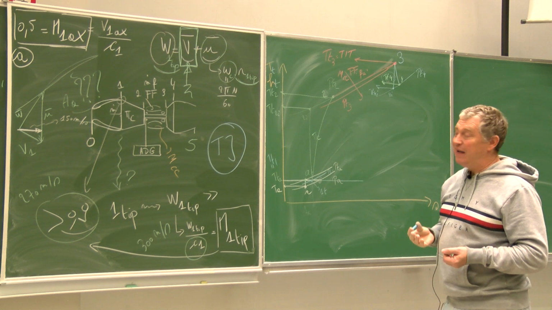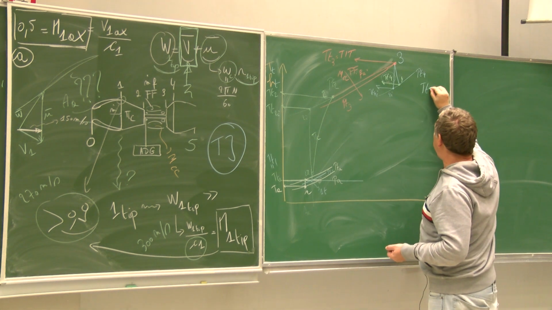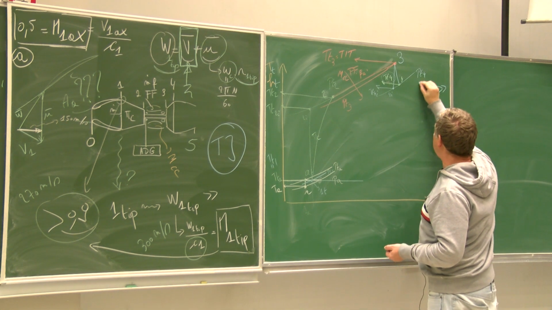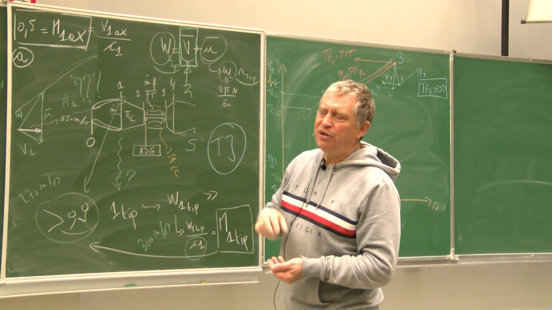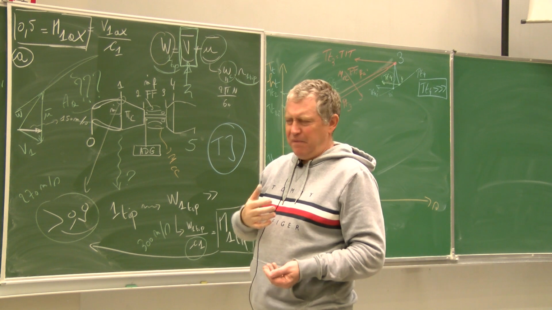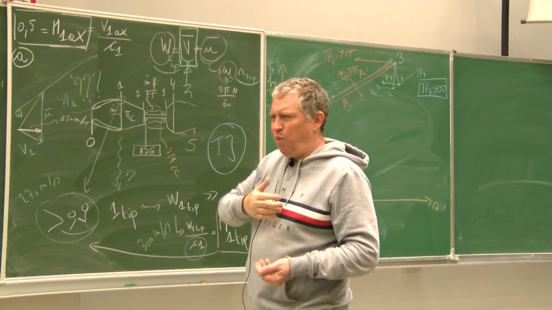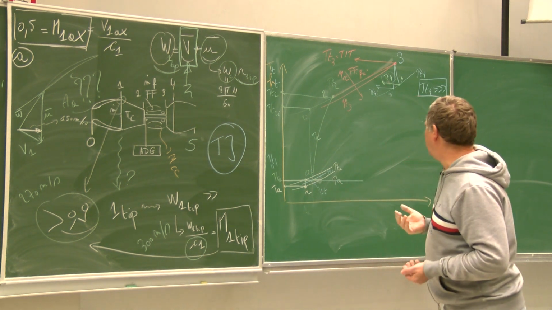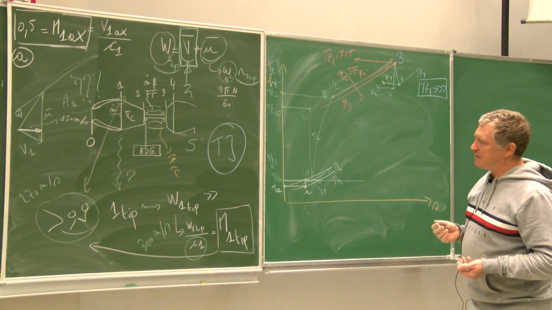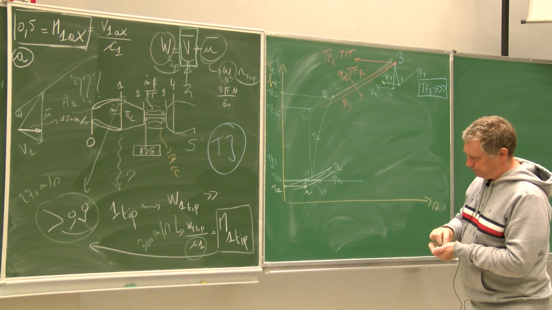So TT4 is a high temperature, I would even say a very high temperature, let's say 800 Celsius, 900 Celsius, 1000 Celsius, very, very high temperature that we have at the exit of the turbine.